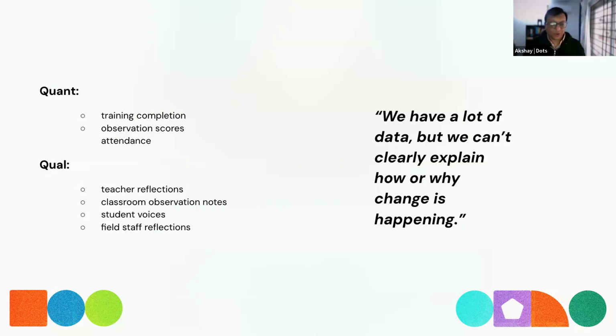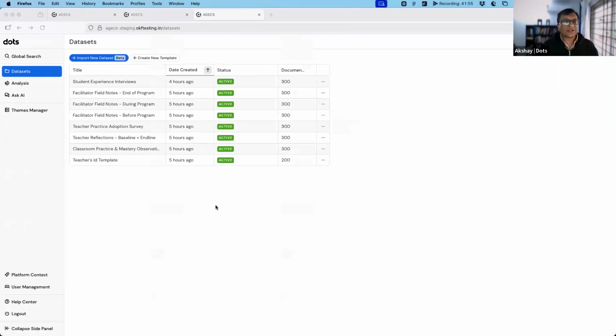So what I'm going to quickly show you is, as part of this case study, what we set up, right? So this is an instance of the DOTS platform. We've put a bunch of different data sets together. Like I said, this synthetic data. So we cobbled together a kind of a structure for how we would capture data.